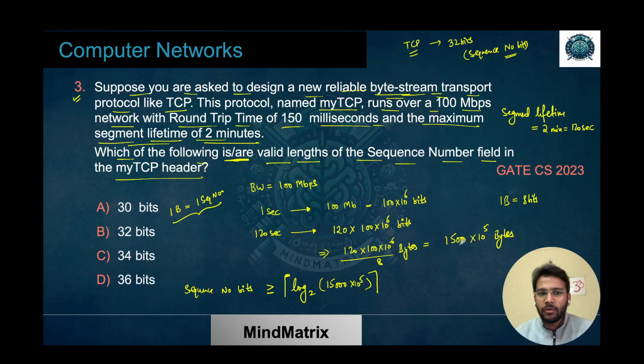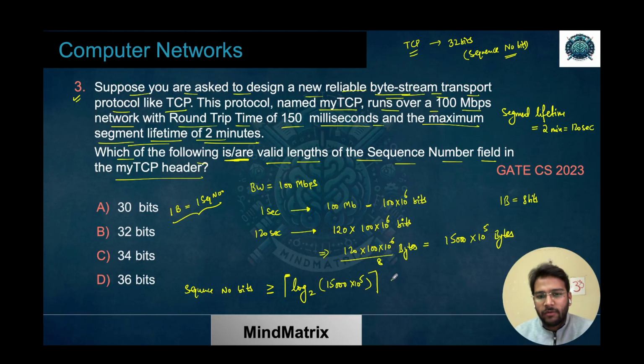I hope it is clear to you. It is quite simple. 1 byte will take 1 sequence number, and if we have this many bytes, we need to find how many bits are required. So we take the log of it, and it has to be the ceil of it, right? That means we keep the upper limit, and above it will also be a correct answer.